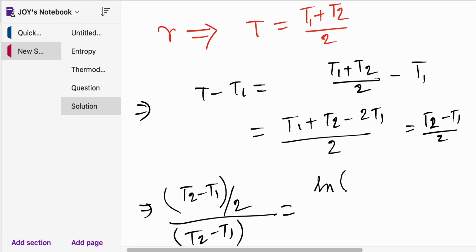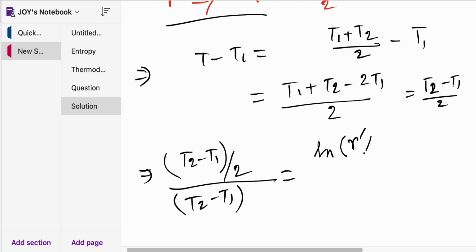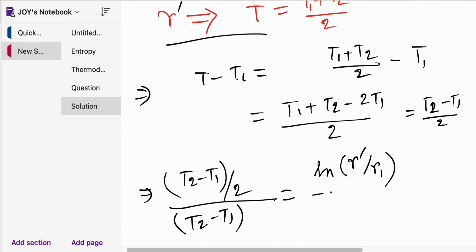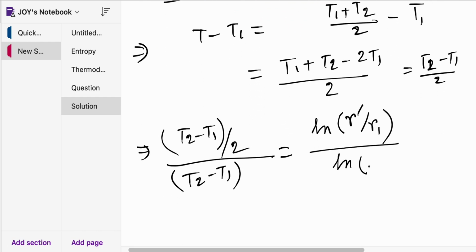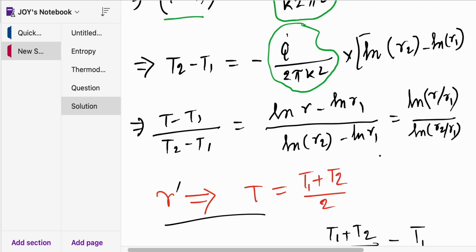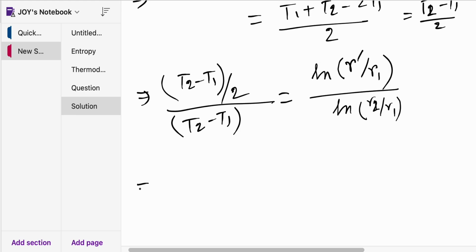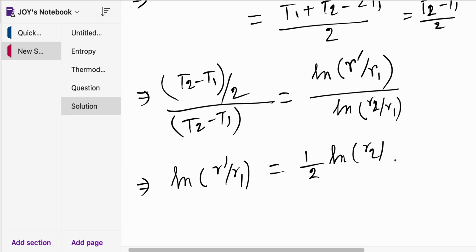Suppose that r equal to r prime, this equation will satisfy. So ln r prime by r1 over ln r2 by r1, so that means ln r prime by r1 is equal to, this will be nothing but half ln r2 by r1.